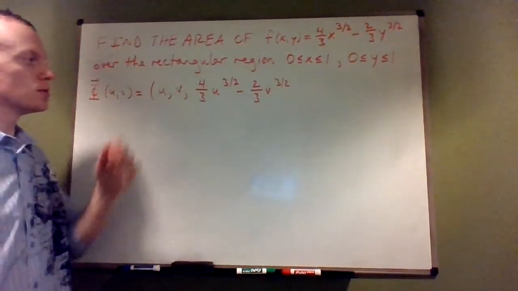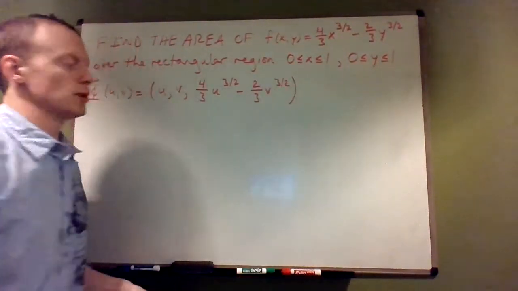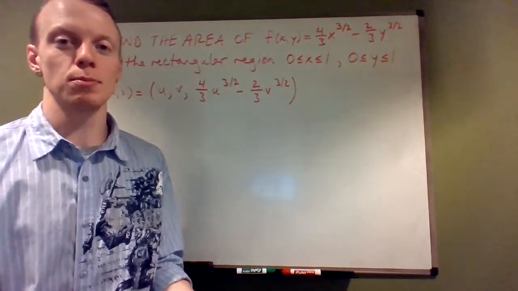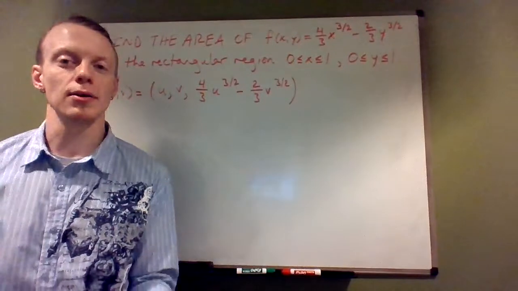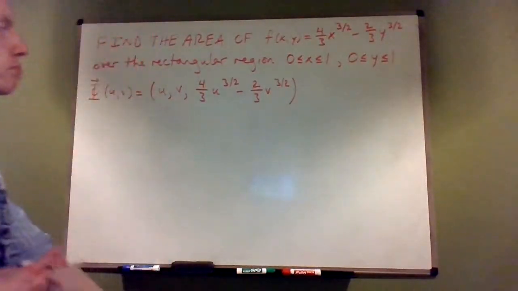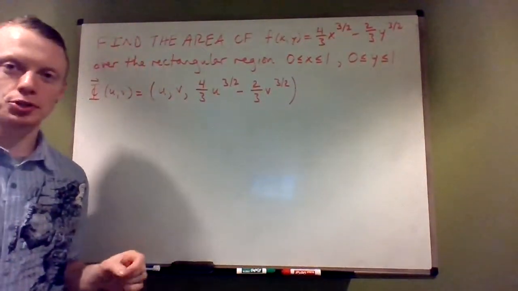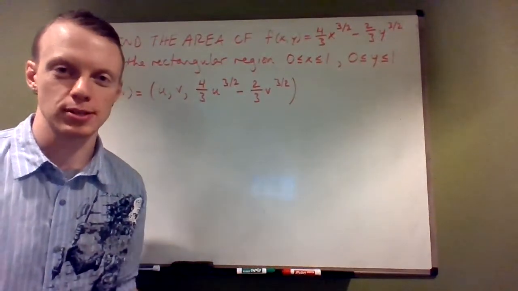So u, comma, v, comma, 4/3 times u to the power 3/2 minus 2/3 times v raised to the power of 3/2.